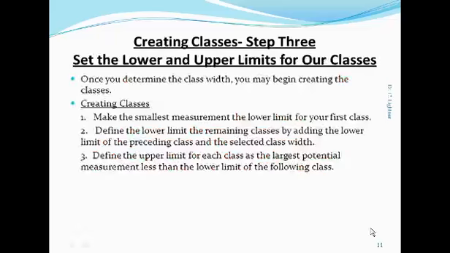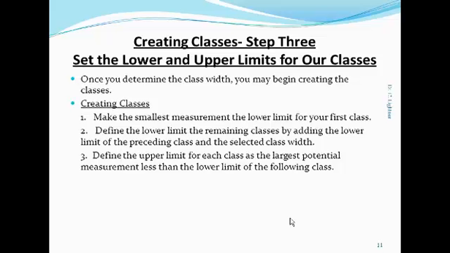Step 3 for creating classes. It's now time to set our lower and upper limits for classes. When creating our lower and upper limits, we start by using our smallest measurement and setting that as the lower limit for our first class.